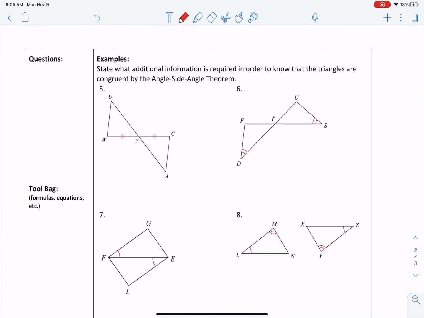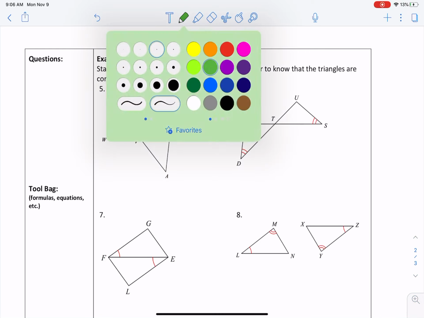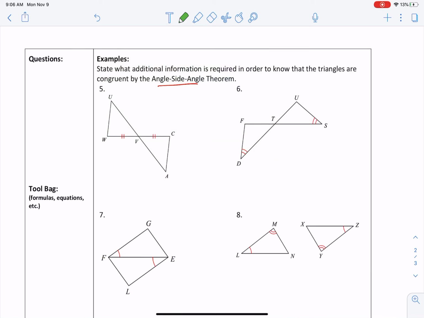For number 5, I need to know what additional information is needed to prove that we're using angle, side, angle. So I have a side, so if I want to use angle, side, angle, I need to know that those are congruent, and even though we know they are, I have to state it, or the problem has to state it.